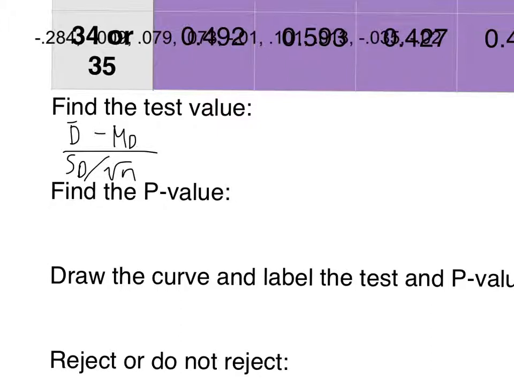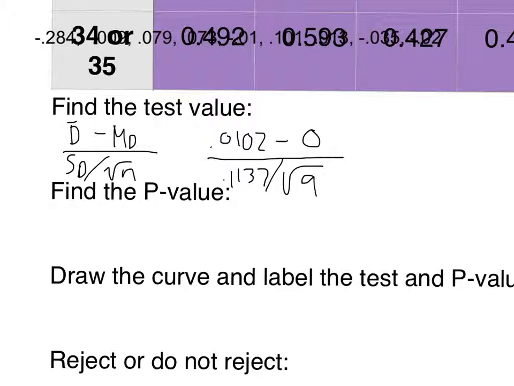And x bar is d bar, which is 0.0102, minus mu sub d, which is 0, because we're assuming that the means are the same. And then s sub d is the same as s sub x, which is 0.1137, over square root of n, which we know is 9. And that comes out to be negative 0.2691, and that's our test value.